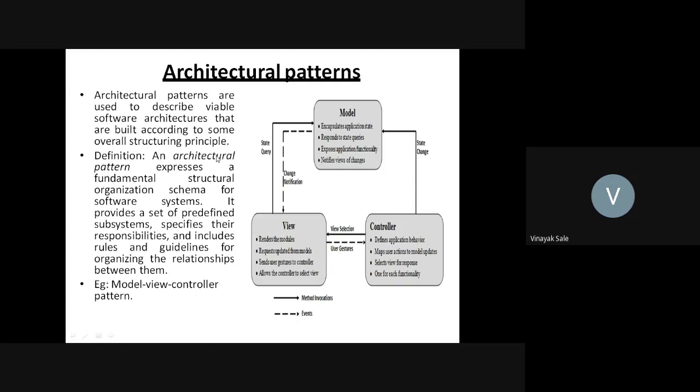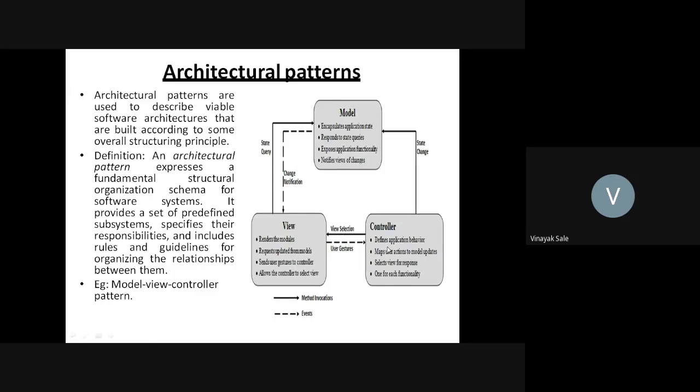An architectural pattern expresses a fundamental structural organization schema for software systems. It provides a set of predefined subsystems, specifies their responsibilities, and includes rules and guidelines for organizing the relationships between them. The figure shows the architectural pattern.